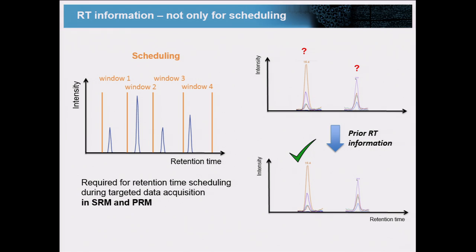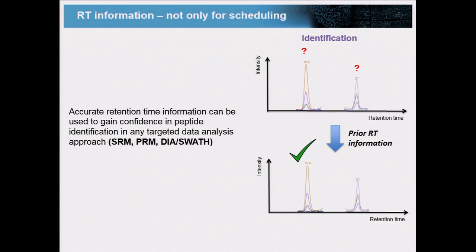So we had this example when we had 2 peaks and we didn't know which one, but if we had prior RT information, that would help us to choose this peak. And this is relevant for any type of workflow. So it's always good to have retention time, and you can always use this piece of information to improve on the identification, or at least give you an idea.